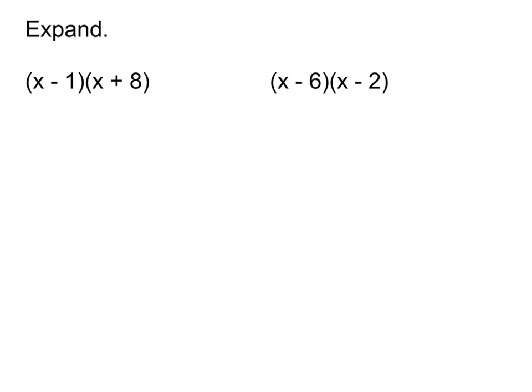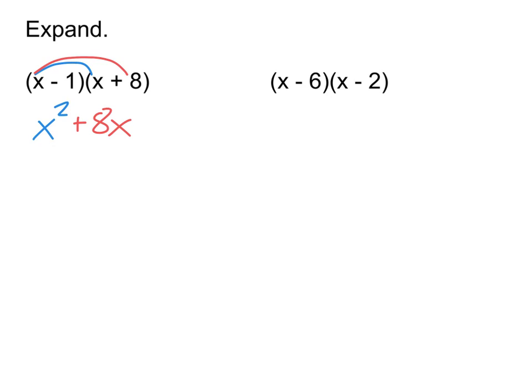All right, so we're going to repeat that same process for these. So I'm going to do this by just multiplying everything in the first parentheses by everything in the second parentheses. So first up, I'm going to do x times x, which is x squared. Okay, next up, I'm going to do x times 8, which is 8x.